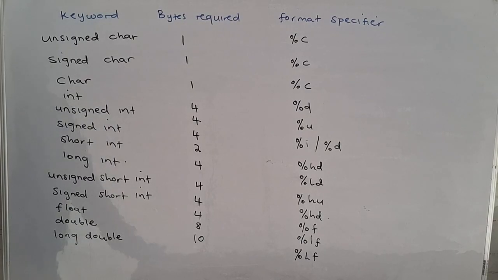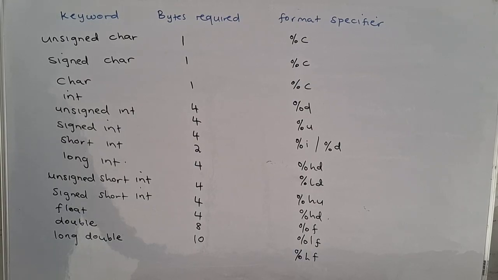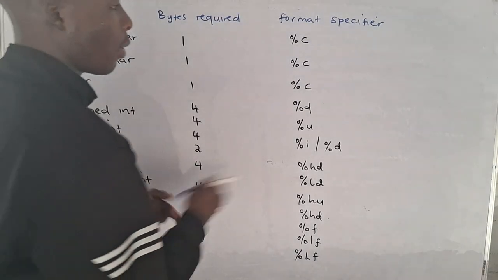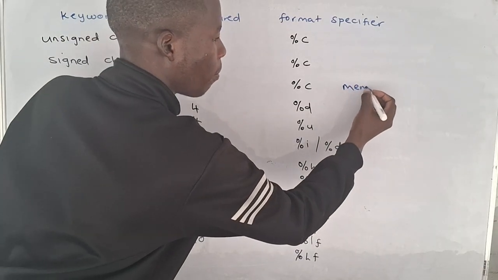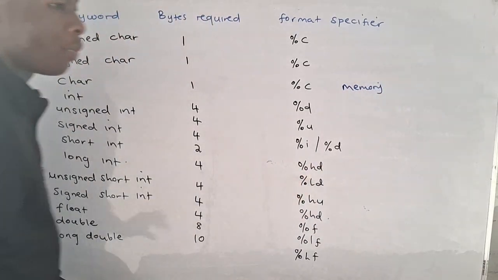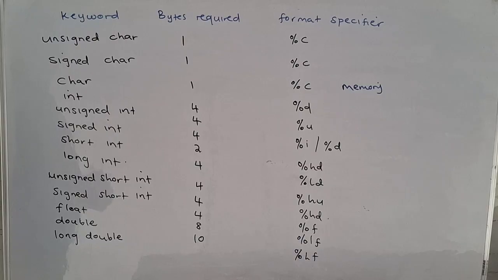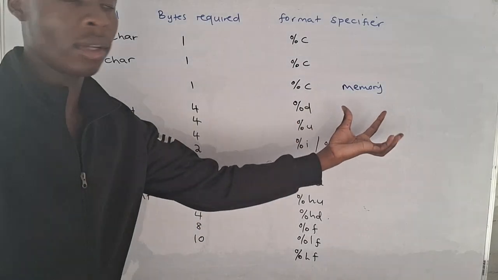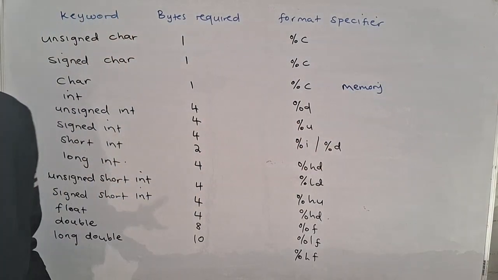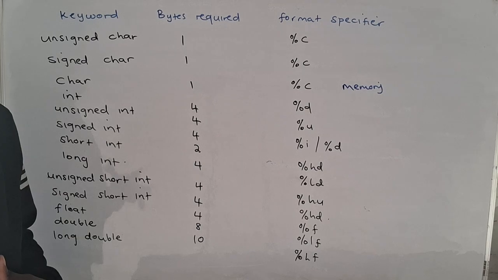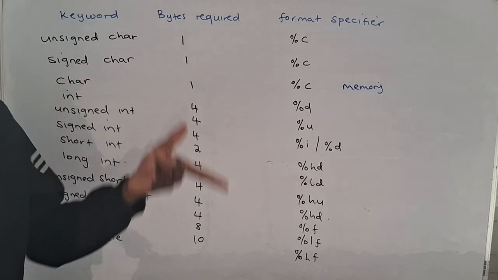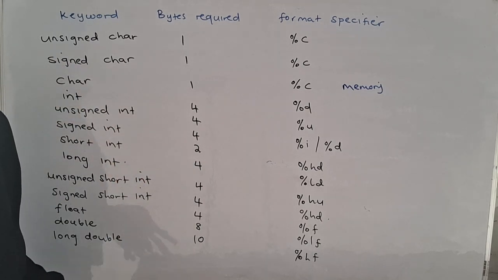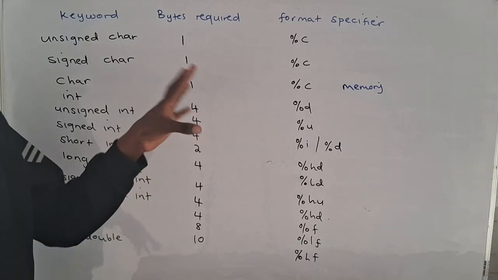In today's class we are going to discuss these data types. In the computer we have something that we call memory. Anything that you write is going to be stored and is going to use space. If you type an integer, it is converted into a binary number and occupies some space.